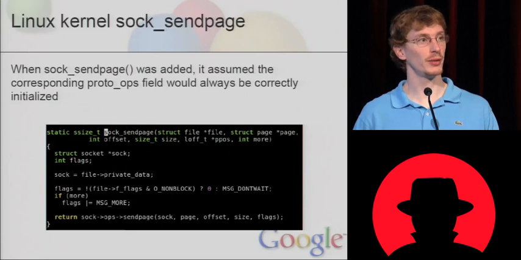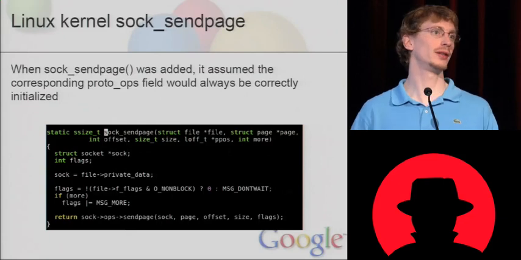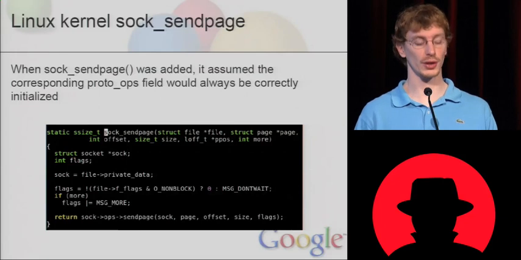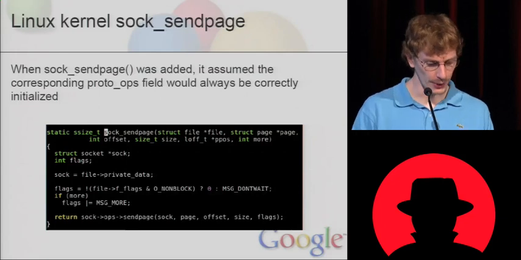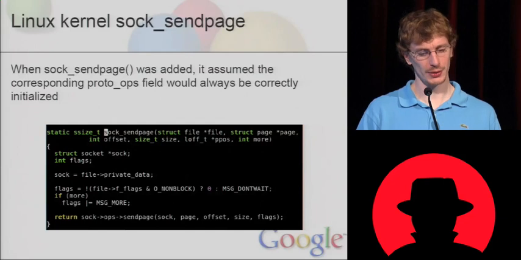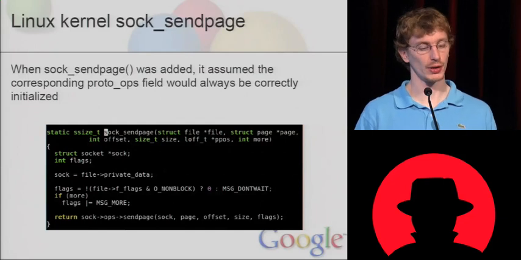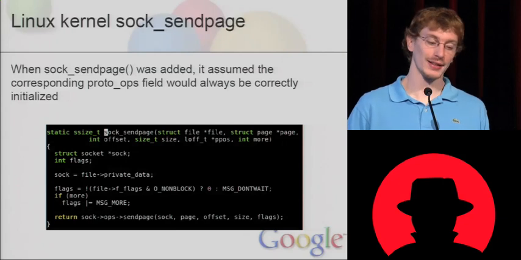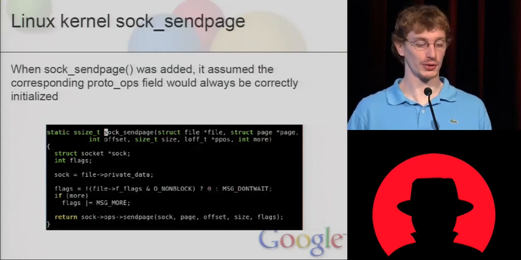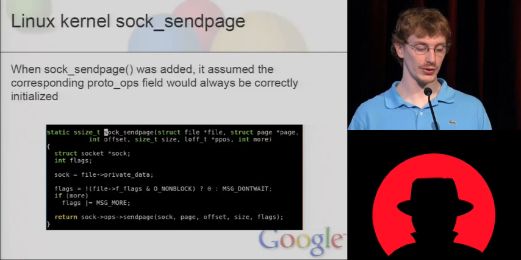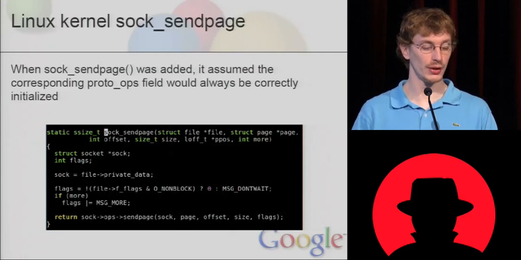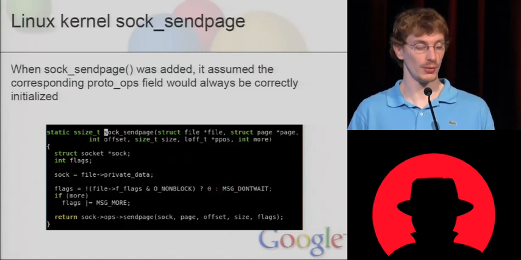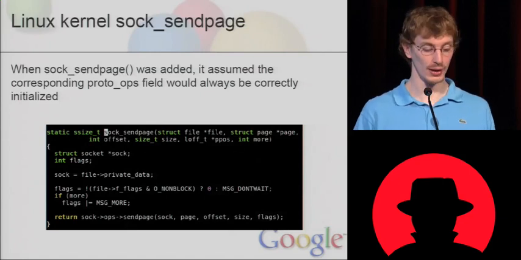When sock_sendpage was added, and sock_sendpage is quite old, I think it was added in Linux 2.2 actually, it assumed the corresponding proto_ops field would always be correctly initialized. And well, that was not a good assumption. You can see here the code from sock_sendpage, and if you read the very bottom line, it just returns sock->ops->sendpage without checking that this is not null.